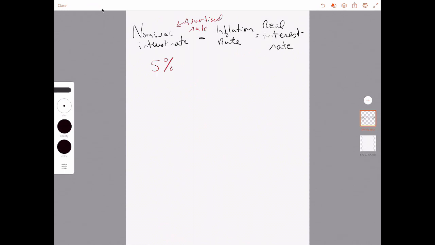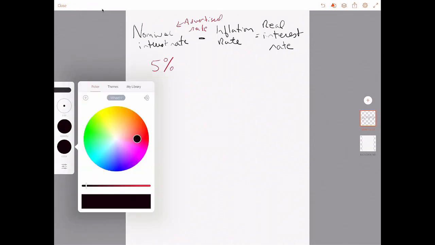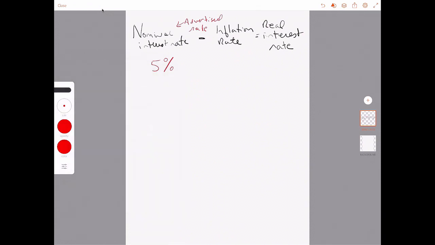We looked at the difference between nominal and real when we looked at GDP. Real GDP is adjusted for inflation. And here what we're looking at is an interest rate that is adjusted for inflation. So let's say that people, or businesses, expect that the inflation rate will be 3% or 2%.